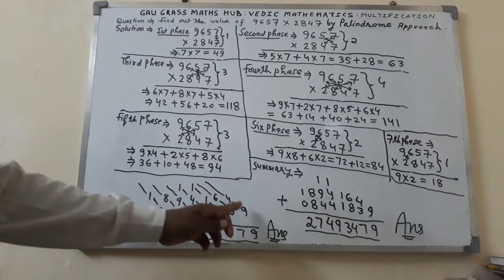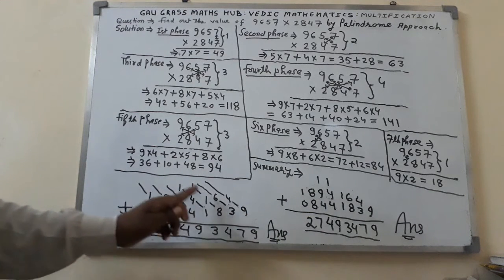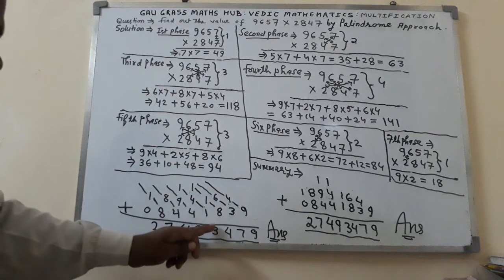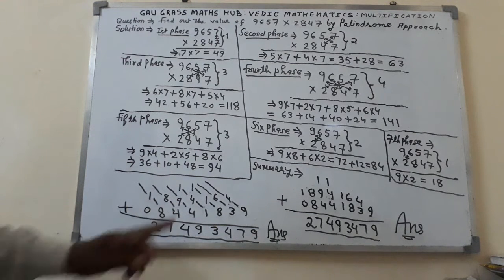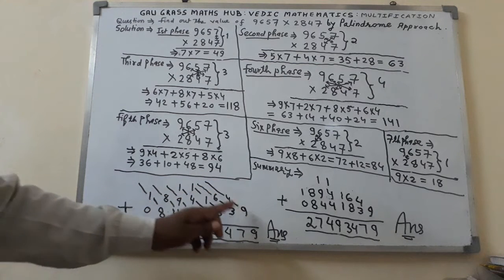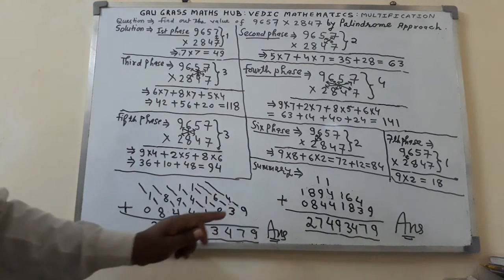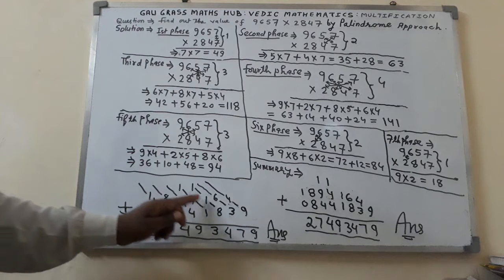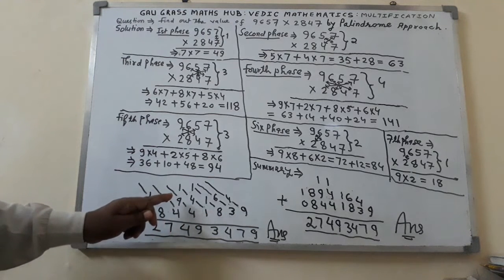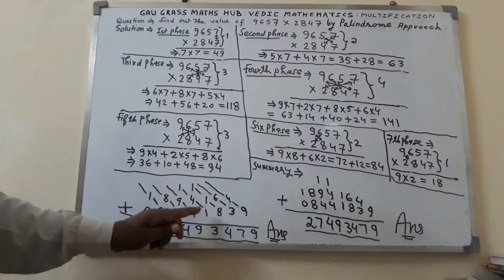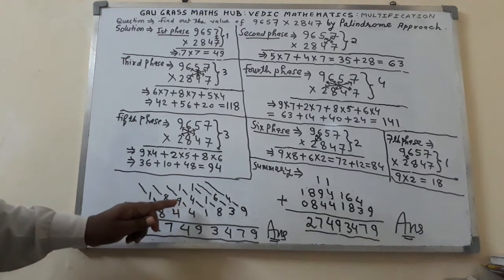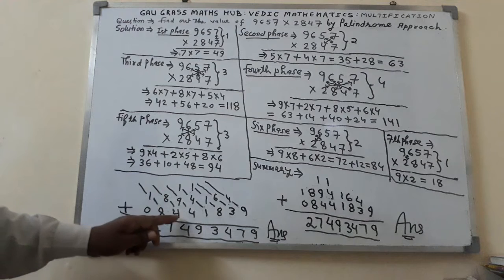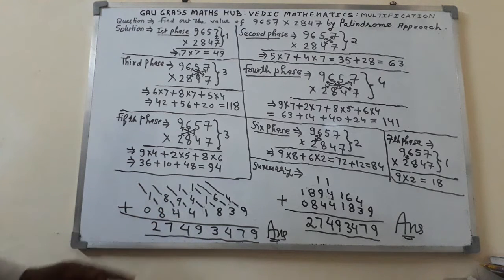Like this 49, 63, 118, 141, 94, 84, 18. Just tally from page 1, 49, page 2, 63, page 3, 118, page 4, 141, page 5, 94, page 6, 84, page 7, 18.